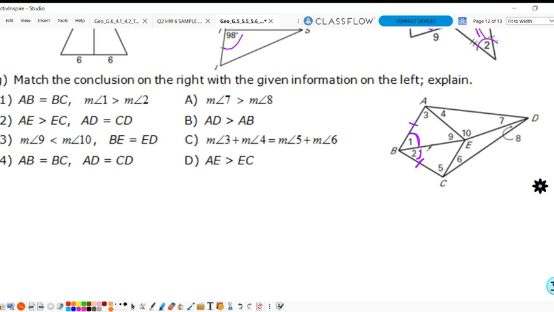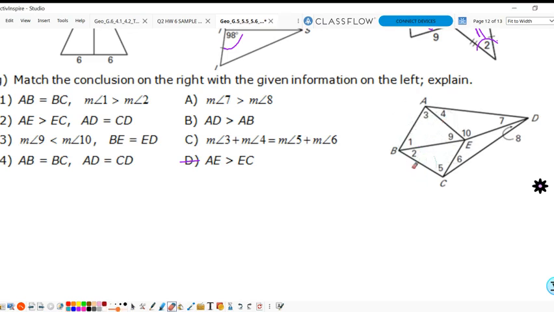So they're not congruent. 1 is greater than 2. So if 1 is greater than 2, the side opposite of it should be greater than this side that's opposite it. So we can say AE is greater than EC. That's example D. So that one's done.